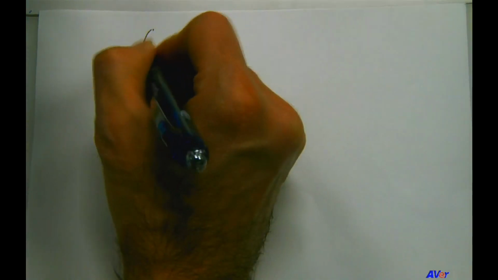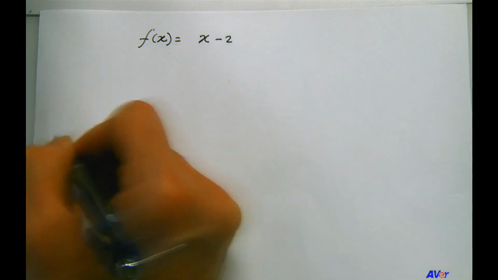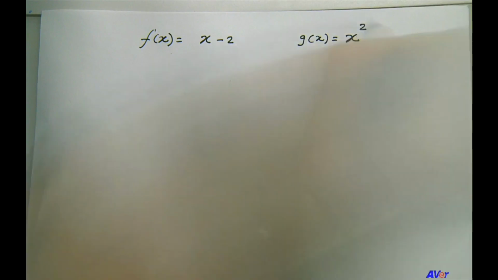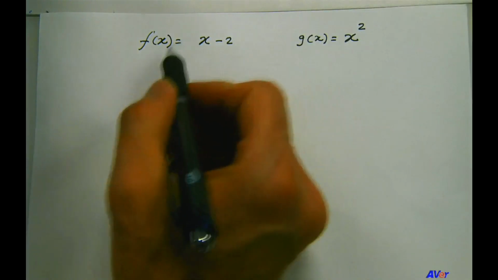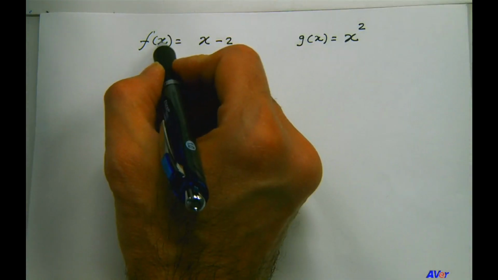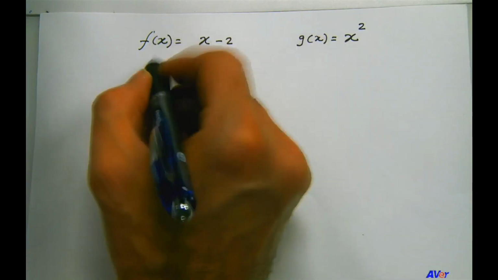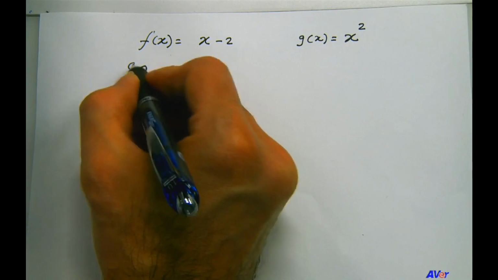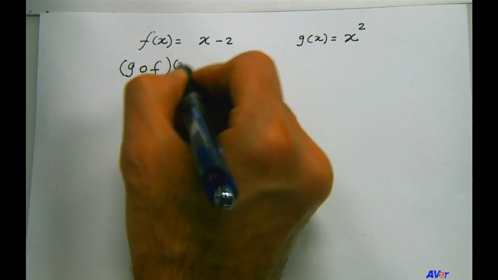So suppose we have two functions, let's say f of x equals x minus 2 and g of x, and let's say this is x squared, right? We take two functions. Now, if we want to replace f of x inside g, then the notation for that is as follows: g, hollow circle, f, composition of f in x.